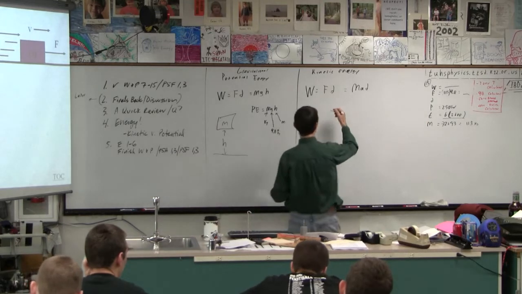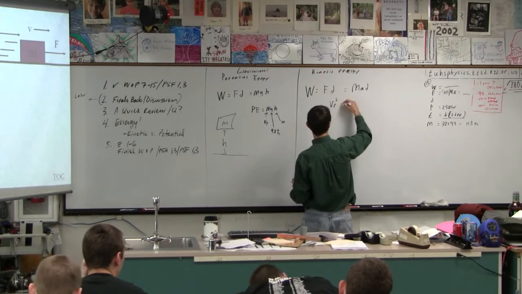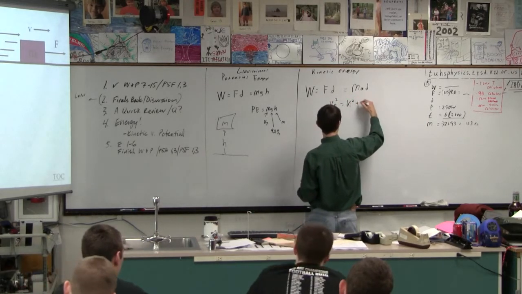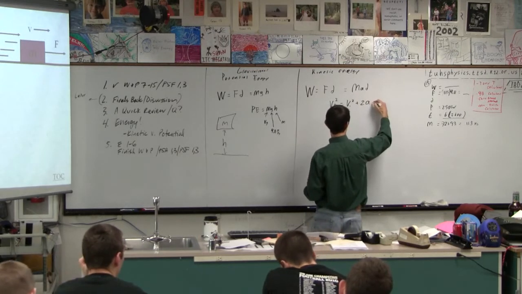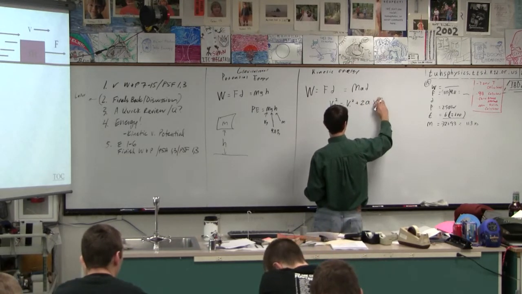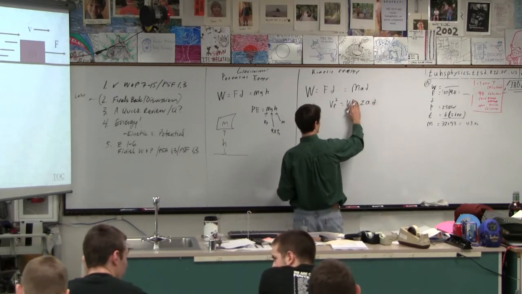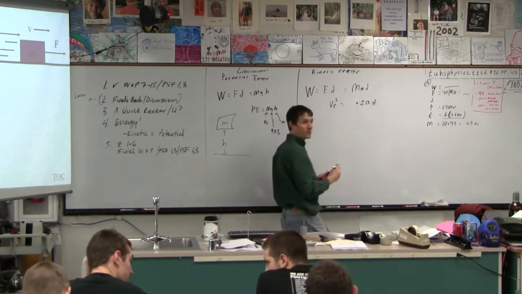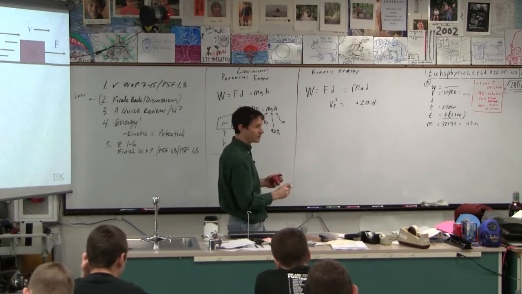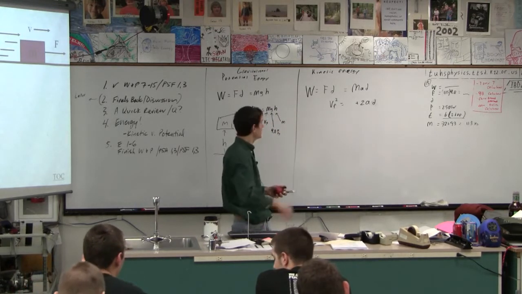Well, here's the way. Vf squared is Vi squared plus 2a times x. Well, this x is really d, distance. The initial velocity was 0, wasn't it? I start the ball at 0 velocity so that all the work I do on it is its kinetic energy.